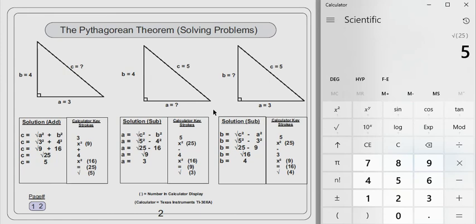I should point out here one concept that you should burn into your head: there's only two possibilities when you're doing the Pythagorean theorem. You're either solving for the hypotenuse, the longest leg, or you're solving for one of the other two shorter legs. So if you're solving for the hypotenuse, you're always going to be squaring and adding values together. So it's an addition problem, which you see down here, the plus sign.